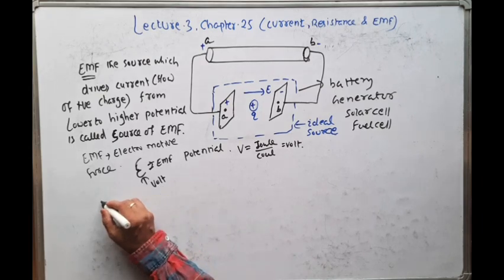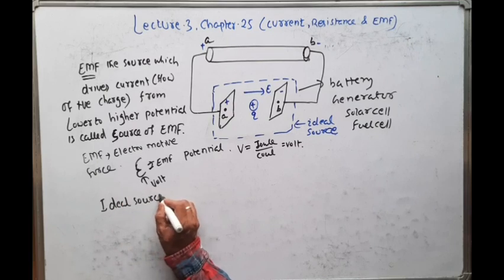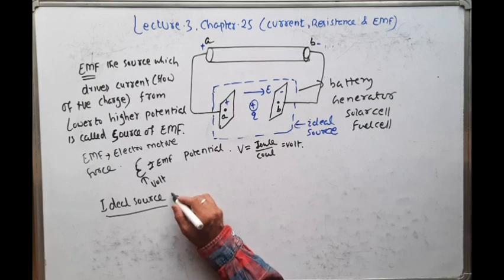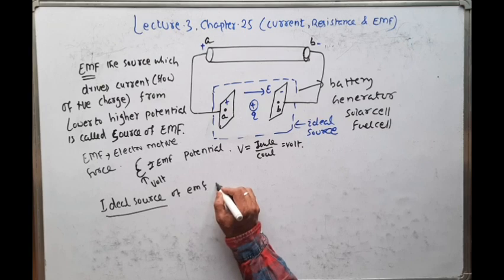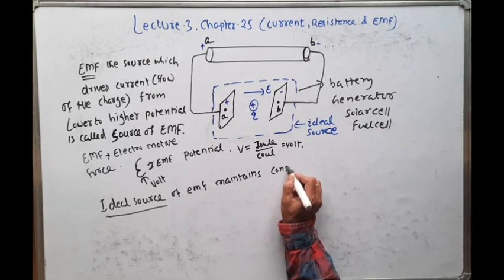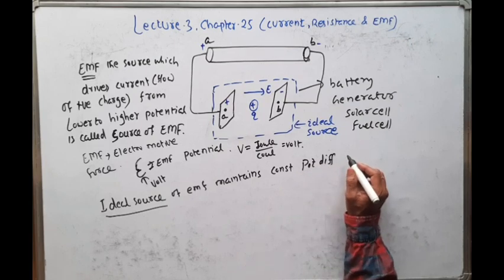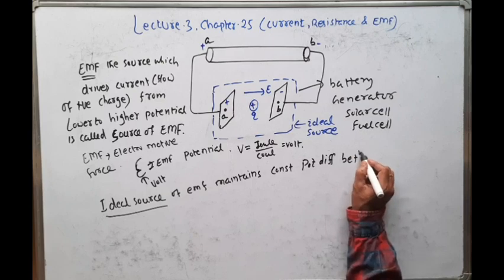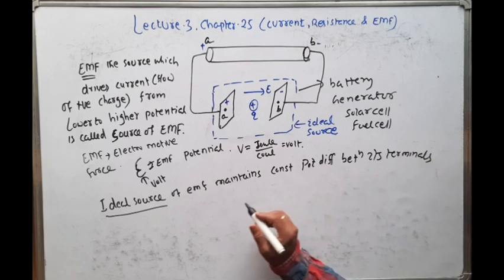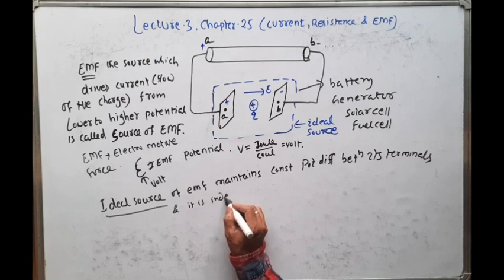And what is an ideal source? Ideal means there is no loss. The ideal source of EMF maintains constant potential difference between its terminals, and it is independent of current.